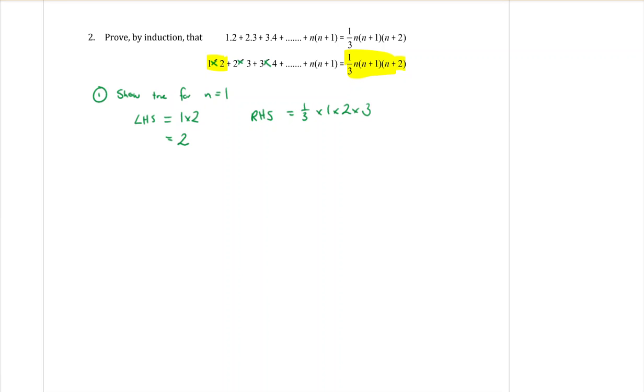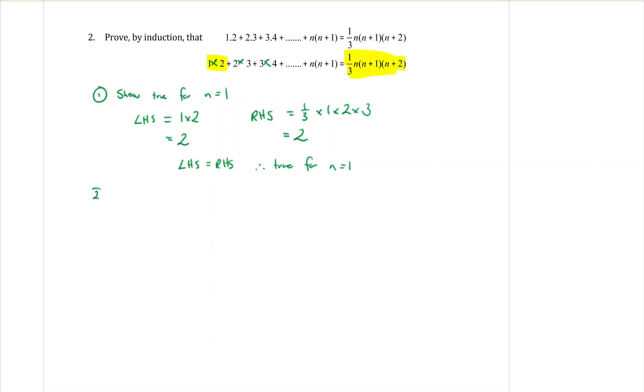There's my third. n is 1, so n plus 1 is 2, and n plus 2 is 3. So when you times all of that together, a third times 1 times 2 times 3 does indeed equal 2. As long as they're equal, we're good. So left-hand side equals right-hand side, therefore true for n equals 1.